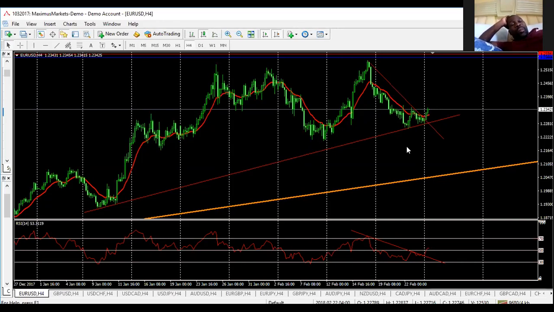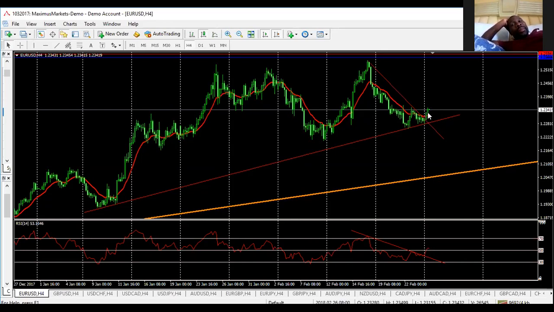What price does most of the time is that it tends to trend towards a resistance when it is going upward, and when it is going downward, it tends to trend toward a support. So, for instance, we gave this signal this morning that Euro USD will go up. Look at where Euro USD is now.